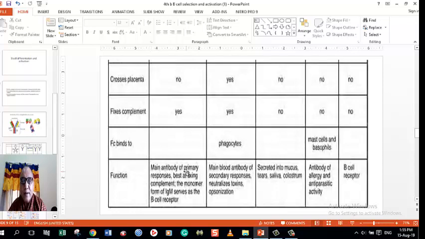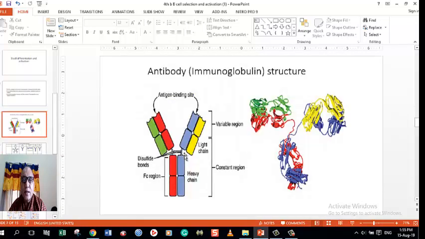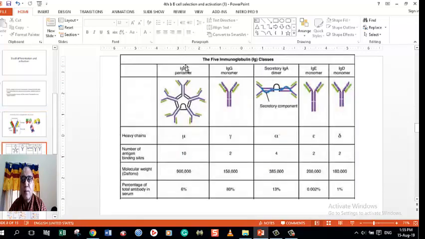When antibodies are produced against any foreign particles, IgM will be produced. IgM will be produced to act against any antigens, foreign particles, and this happens only in the initial encounter.